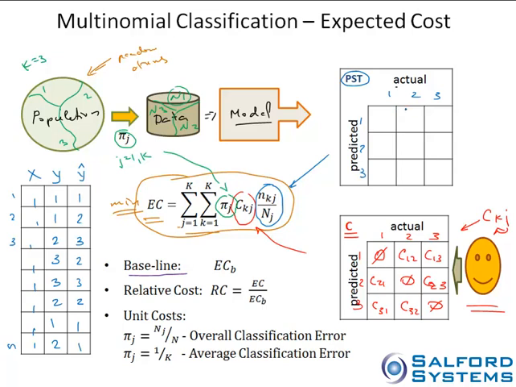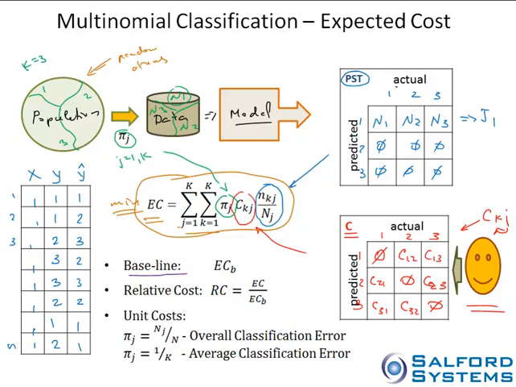So in this case, all of my N1 class 1 actual records are assigned to class 1, but all N2 class 2 records are also assigned to class 1, and all N3 records are assigned to class 1. So the remaining cells will be zeros. That's my trivial model here. And therefore, I can use this prediction success table of this trivial model and push it through the expected cost calculation, and this will give me the expected cost associated with the trivial model class 1.